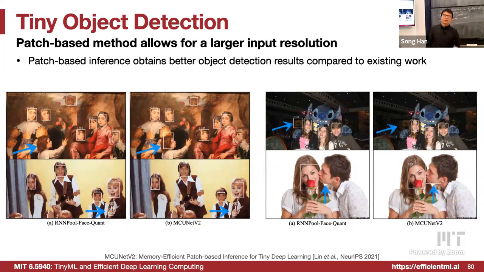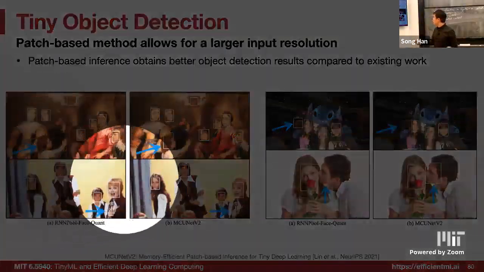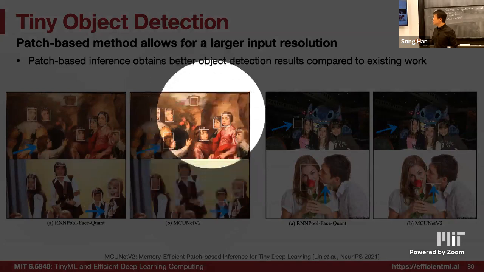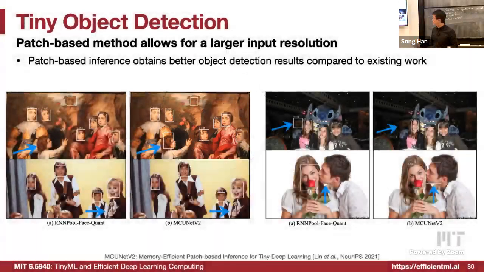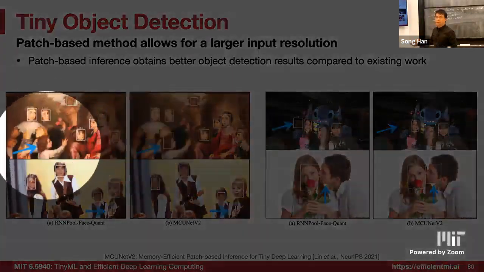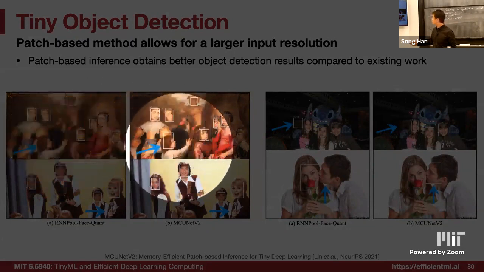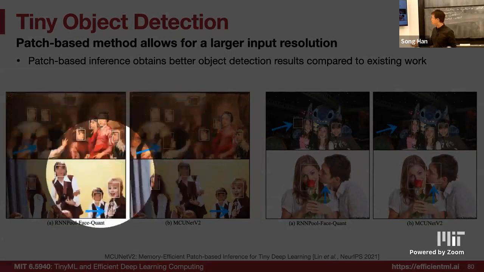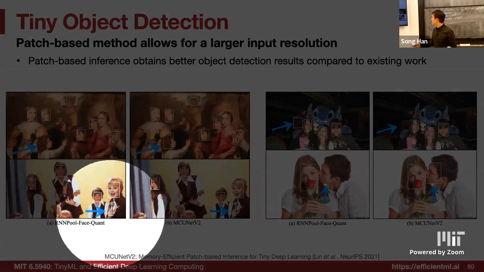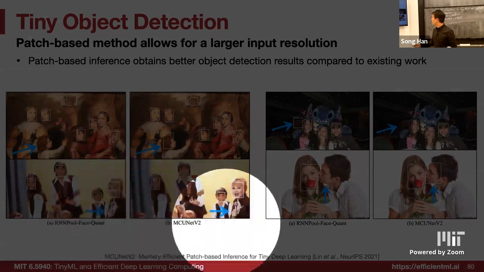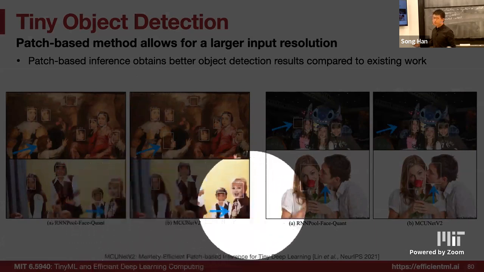And what is the advantage of using such patch-based inference? This is without patch-based inference. This is with patch-based inference. You can see this boy was missed in the detection, but using patch-based inference, he can be detected. And here there's a missed prediction on the hand, but there is no missed prediction here.